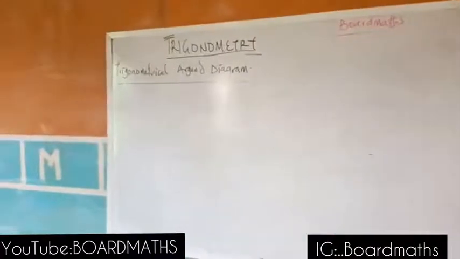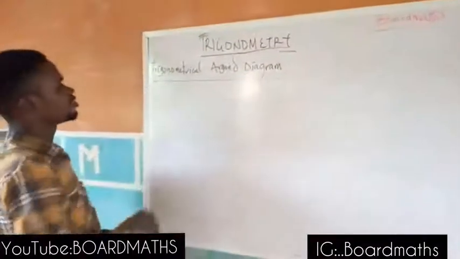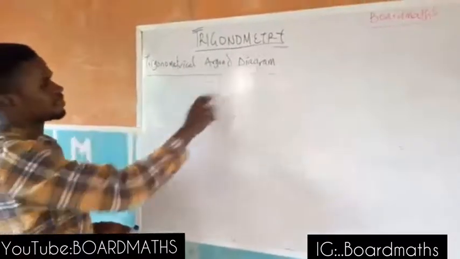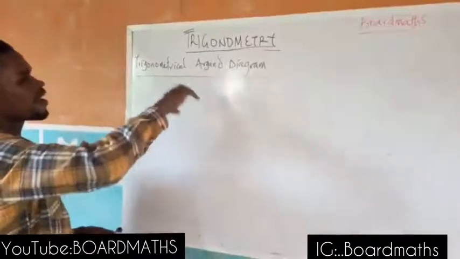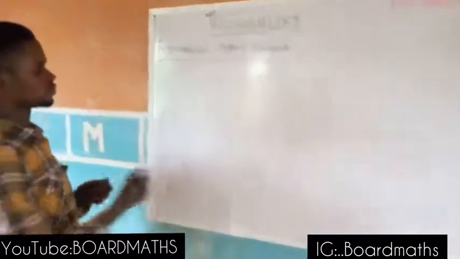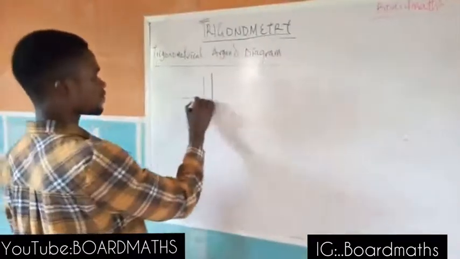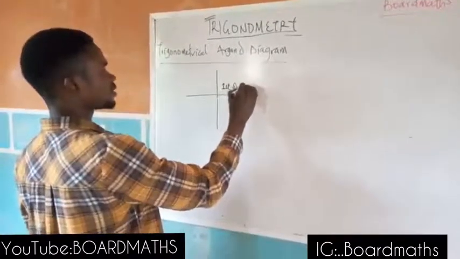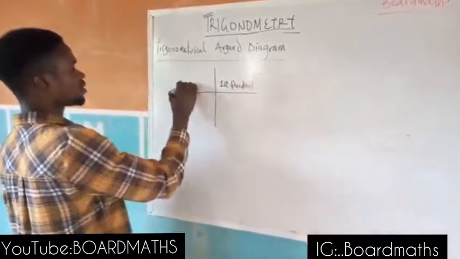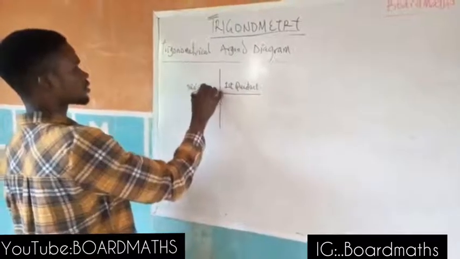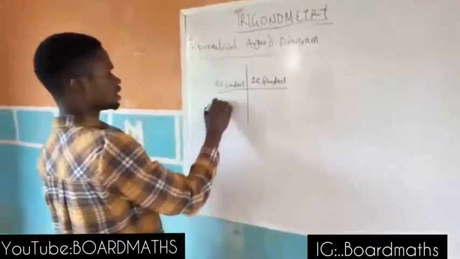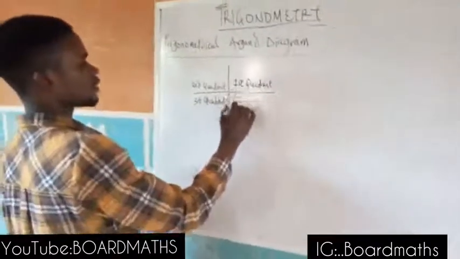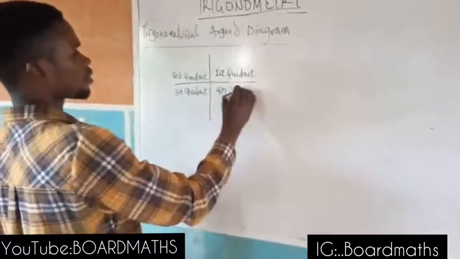Okay, now let's talk about the trigonometrical Argand diagram. What is the trigonometrical Argand diagram? It is a diagram that shows where a particular angle belongs. So here we have the first quadrant, the second quadrant, the third quadrant, and the fourth quadrant.